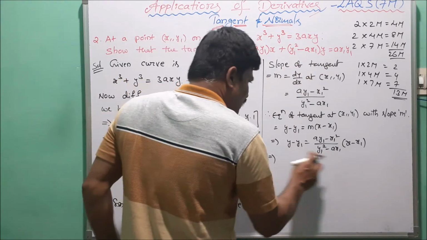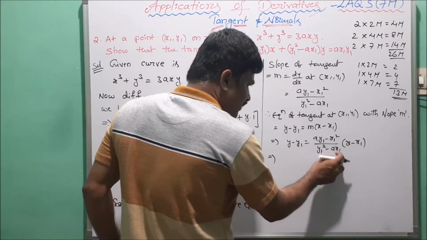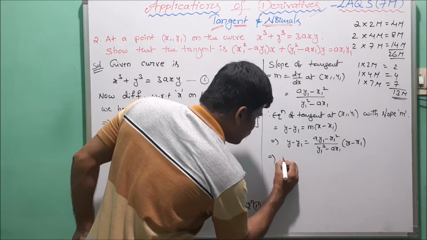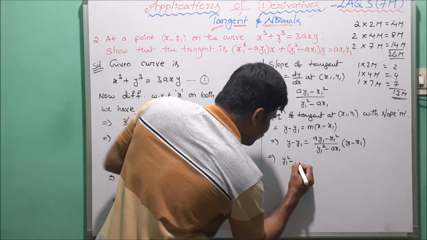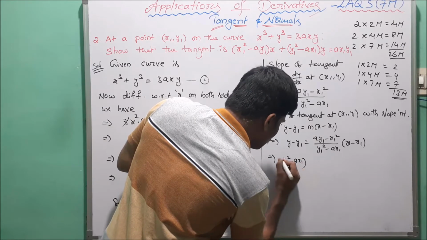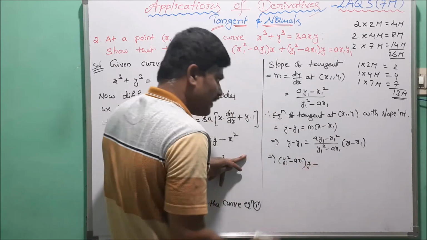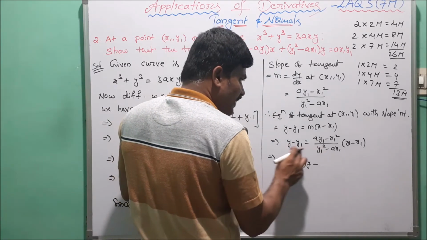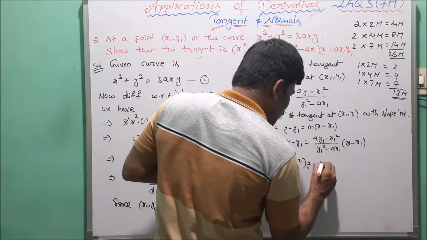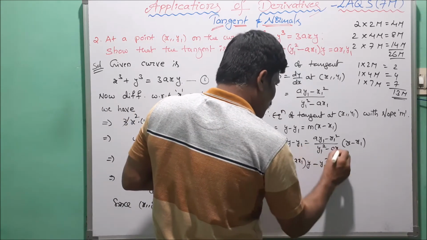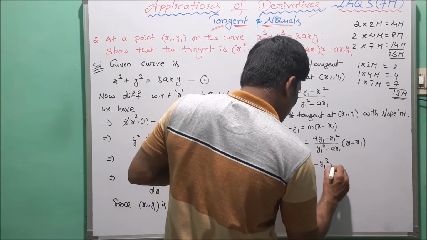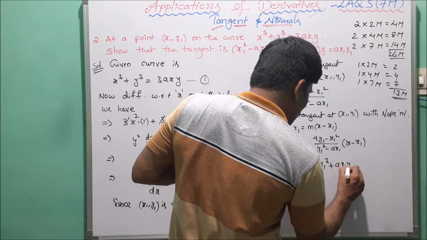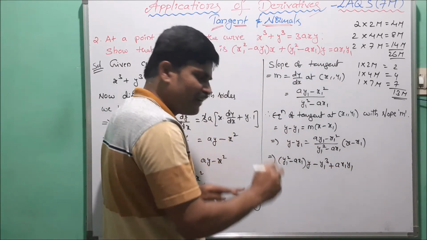Here clearly, multiply with y1 square minus ax1 on the left side, then we write y1 square minus ax1 into y minus, here multiply with each and every term, y1 into y1 square, y1 cube, y1 into ax1 y1 plus ax1 y1. So this is complete left side value.